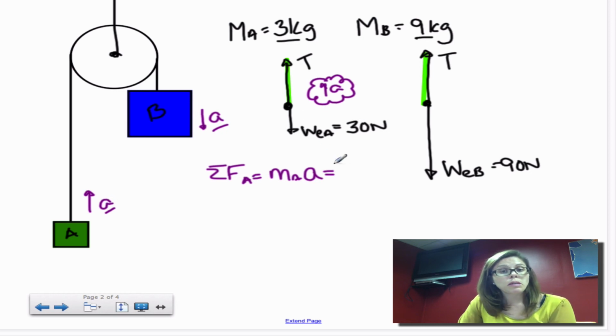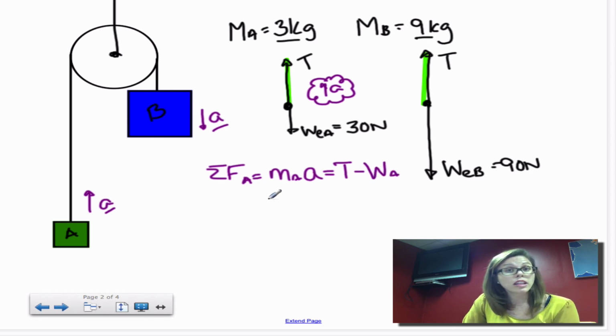So the force going up is tension, and we subtract the force going the other way, the weight of A. And we plug in everything that we can at this point. So the mass of A is 3, we don't know the acceleration, equals tension, we don't know the tension, minus the weight, which is 30. And that's as far as we could get with that one.